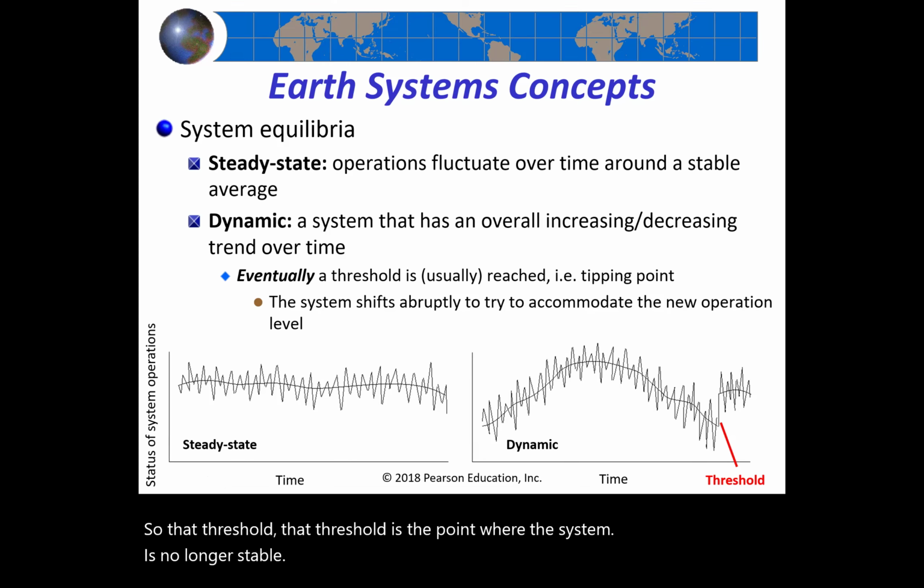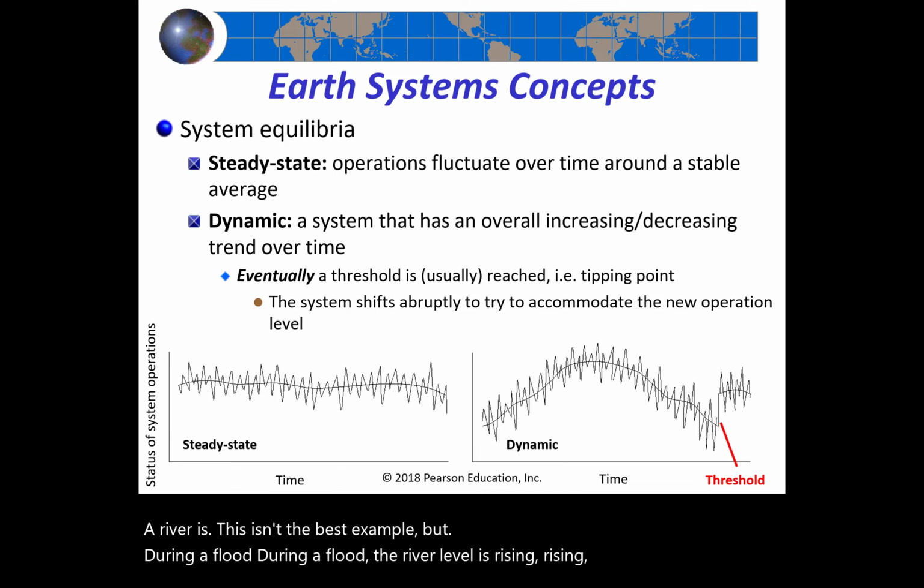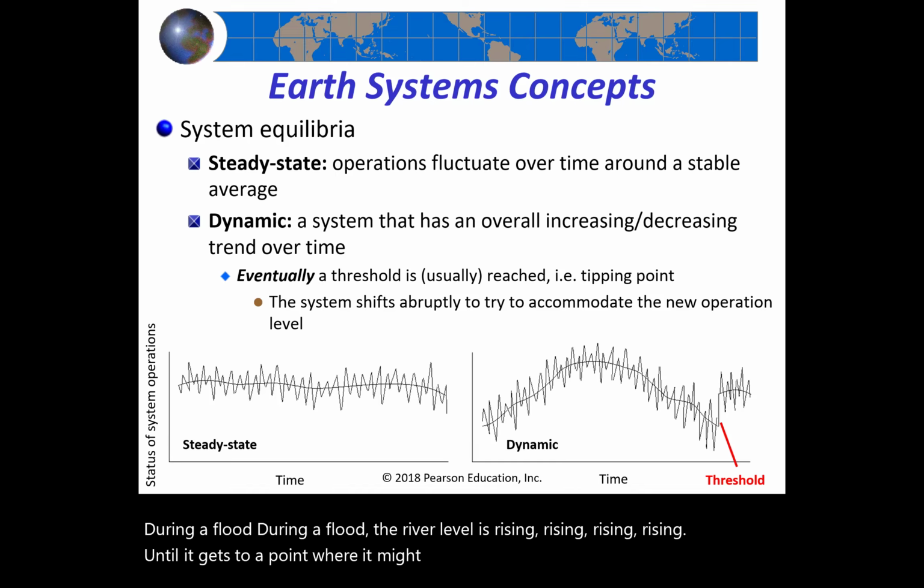I sometimes think of this like a river. This isn't the best example, but during a flood, the river level is rising, rising, rising, rising until it gets to a point where it might be overflowing its banks.